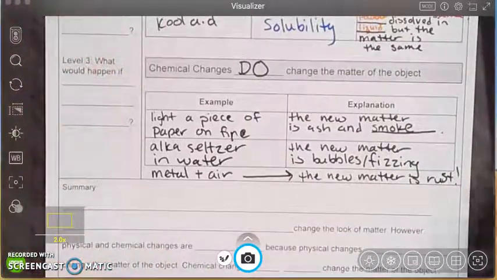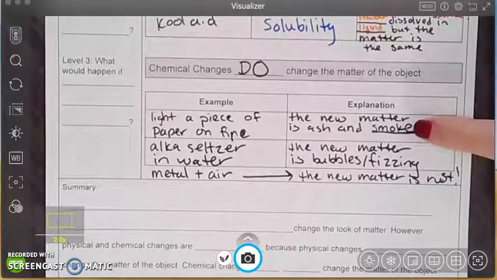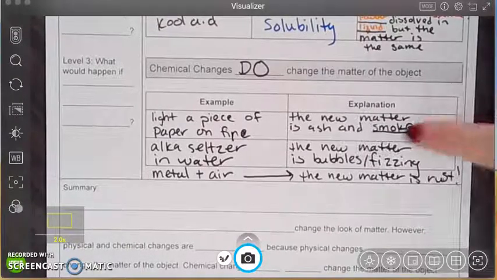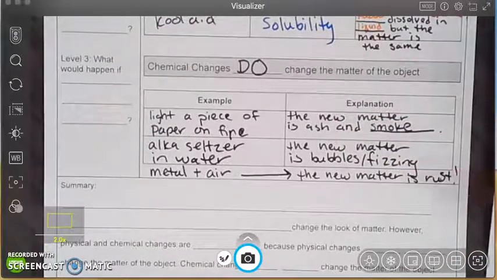Rust is a new thing. I don't buy a brand spanking new car and get rust. That doesn't happen. Rust is a new thing. So my new matter is smoke, ash, this fizzing. My new matter is rust, and also if something turns a color that wasn't there before.